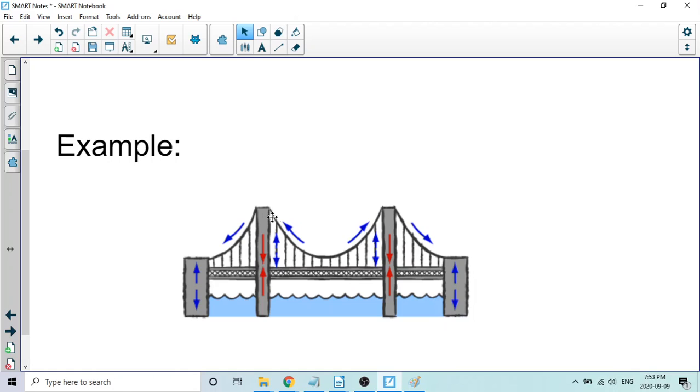So we have tension pulling apart. Again, we have tension here between this rope and the base of the bridge, right? These arrows that are pointing in opposite directions show tension, and these ones that are in the same direction show compression in this suspension bridge.